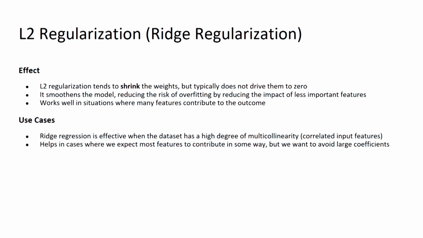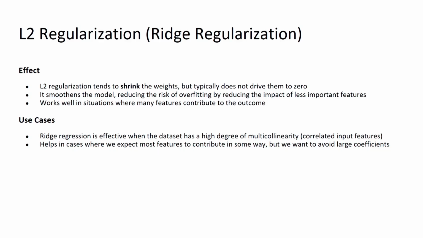We can say that it will smoothen the model and reduce the risk of overfitting by reducing the impact of less important features. The features that are not very important, their coefficient values will be shrunk, and it will work very well when many features are there in your data set.